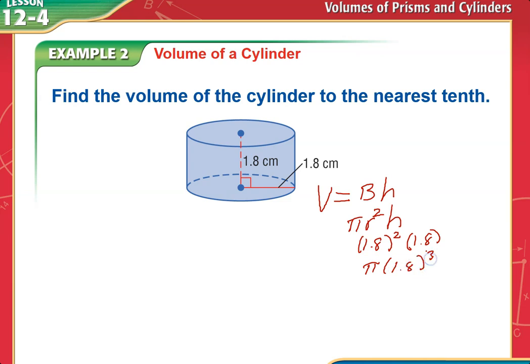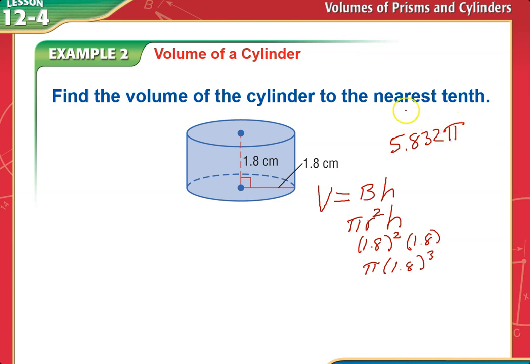Now, since we're rounding to the nearest tenth, I'm going to grab my calculator and take 1.8 and raise it to the third power, which is 5.832. But we still have the pi next to it.